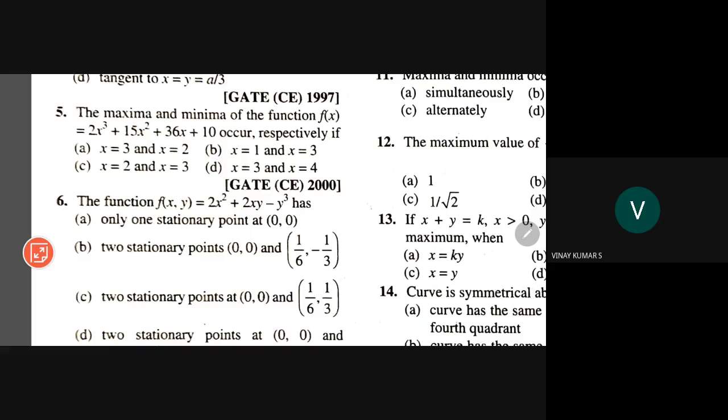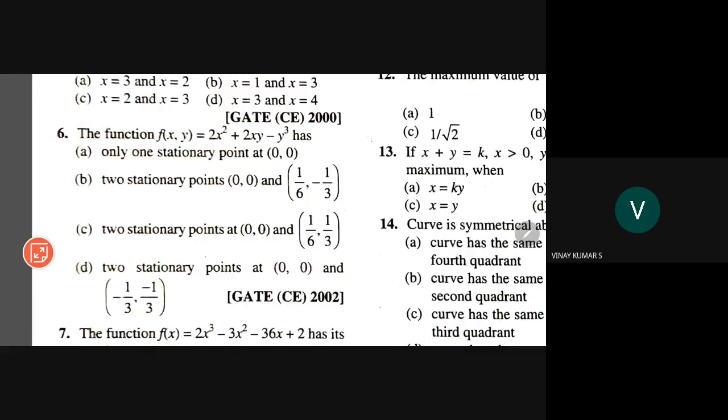I think, yeah, (1/6, -1/3) and (0, 0) are stationary points. Yes, good. 2 stationary points, (0, 0) and this. So first is the answer. Stationary means fx is 0 and fy is 0. Every solution for that is called a stationary point.